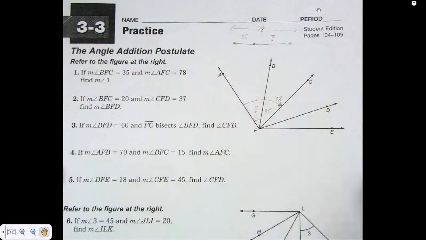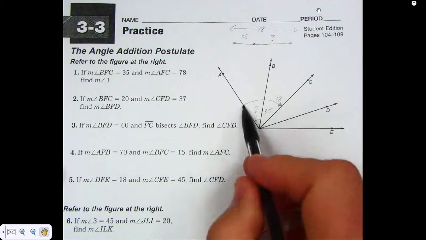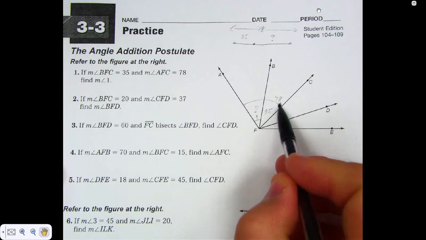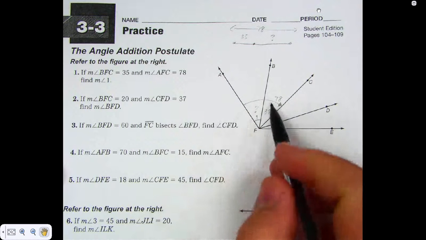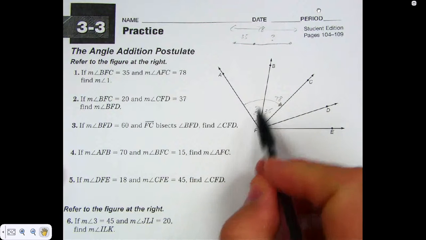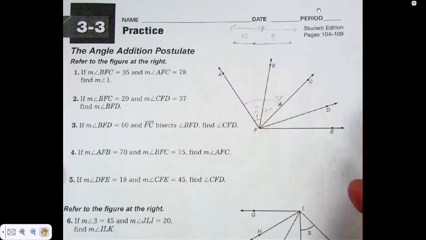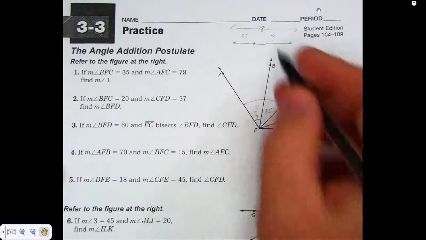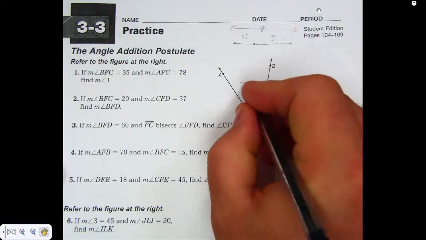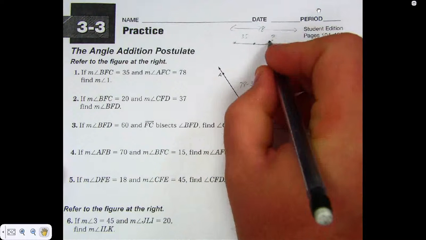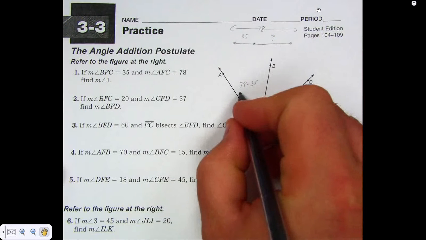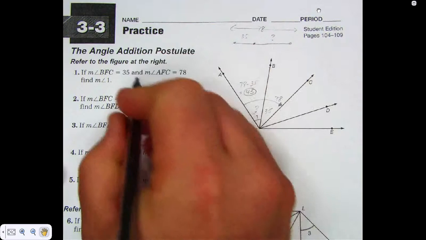But angles are measured along a circle and in degrees, aren't they? The two things that make up the bigger thing have to add together to get the bigger thing, right? So this plus this equals that. So this is whatever 78 minus 35 is, just like you would do up here, which is what? 43. So your answer is 43.